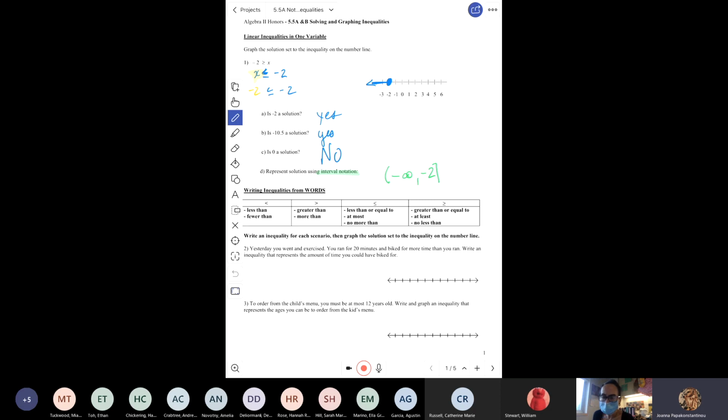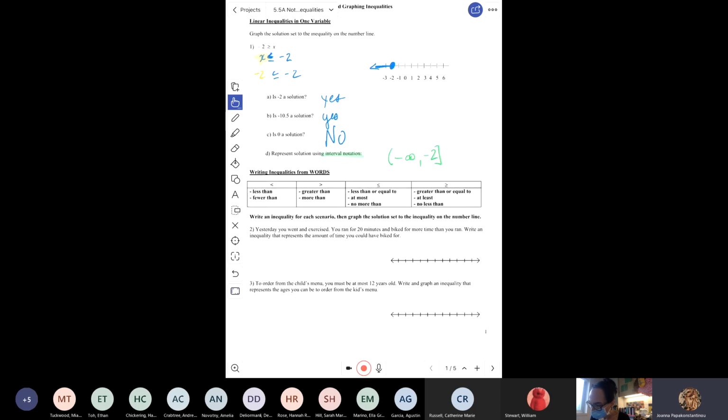So if I were to be given words, like for an example in a word problem, if I was given an inequality, you should be able to translate that in terms of the words that can be used to describe it. So for example, if I'm writing inequalities from words, if I see the word less than or fewer than, you should think of the less than symbol.